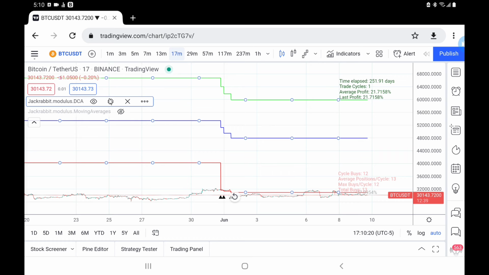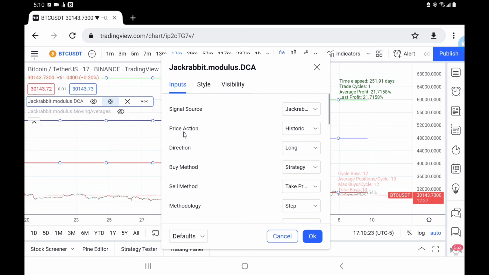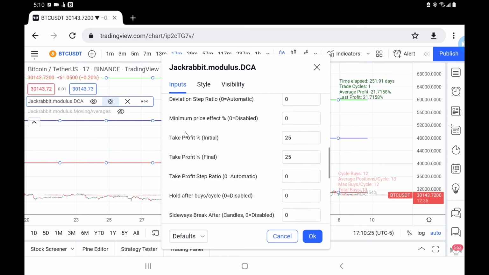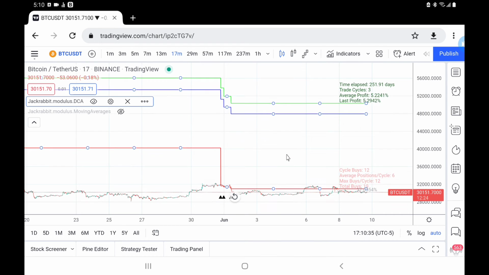So let's bring this down to, say, a modest 5%. Here you go. 3 trade cycles, 5%, and moderate accumulations.